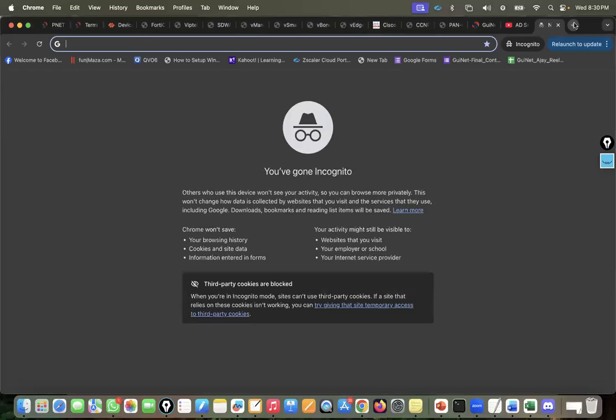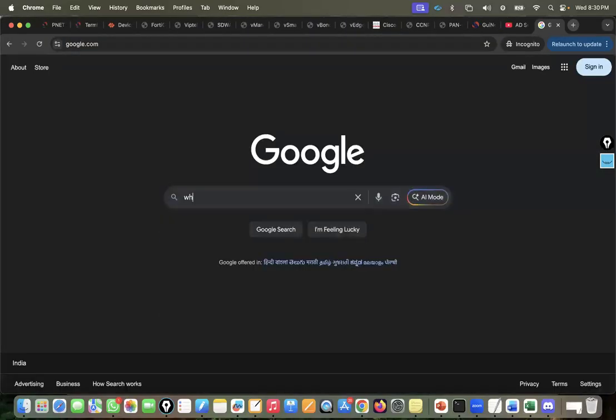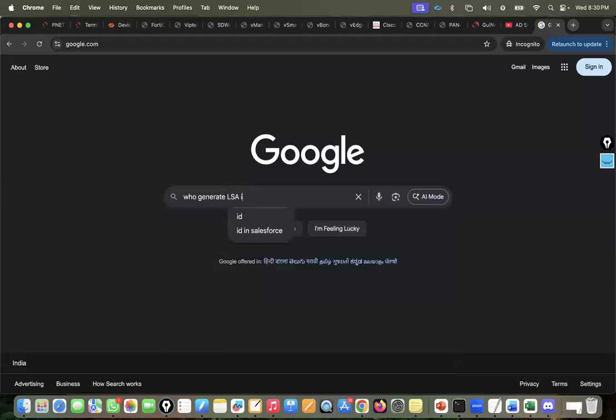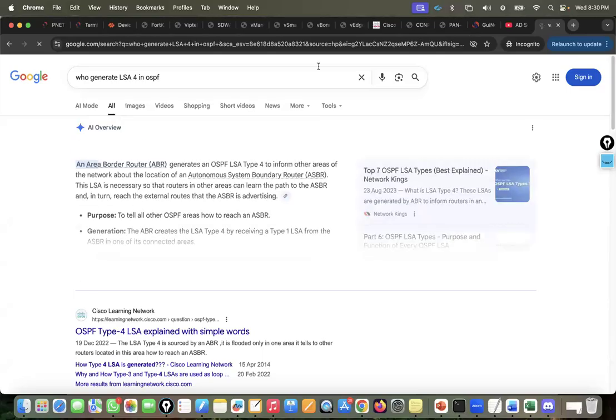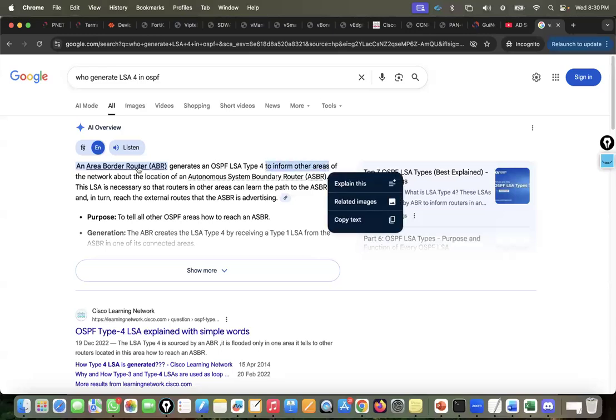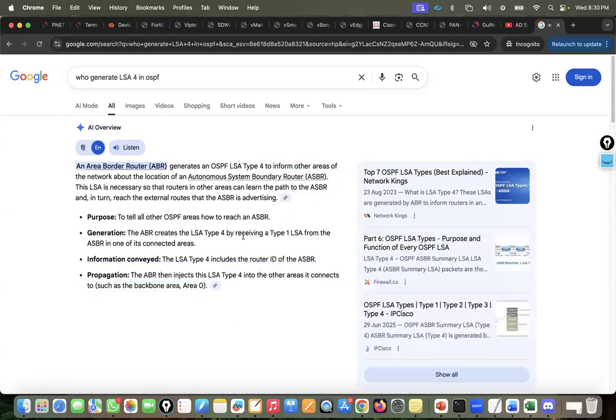Let me show you. Who generates LSA4 in OSPF? You're going to find the area border router generates the LSA4 to inform other areas and networks about the location of the ASBR. Clear?